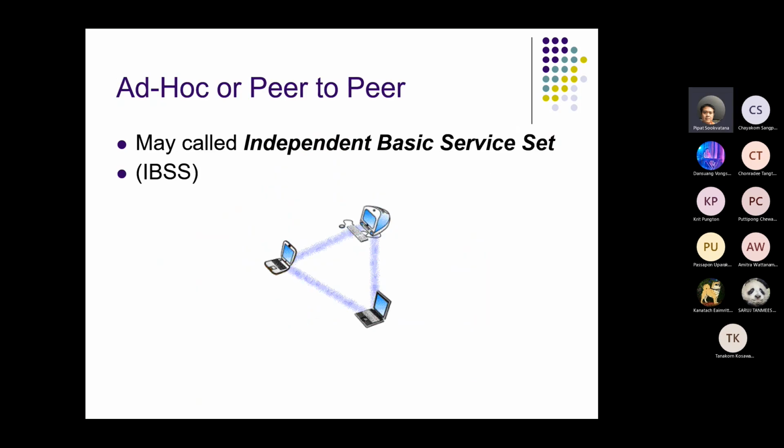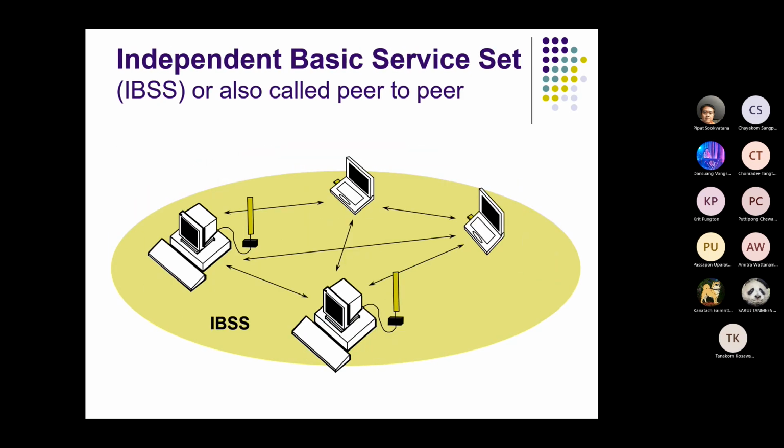For peer-to-peer, you see, there is no infrastructure at all, no access point at all. You don't have to connect to the main infrastructure. This one is the Independent Basic Service Set.